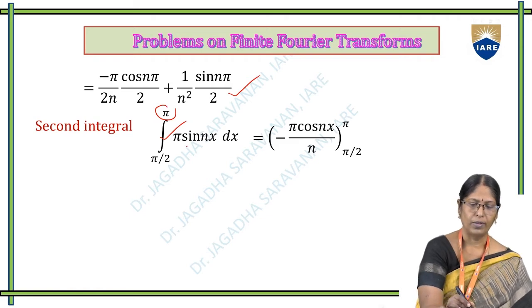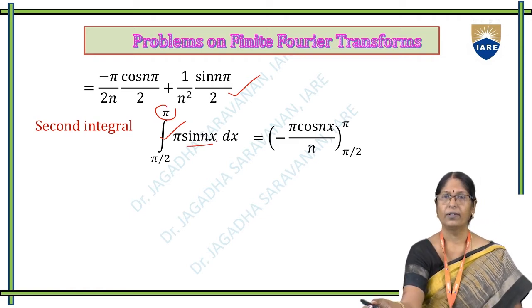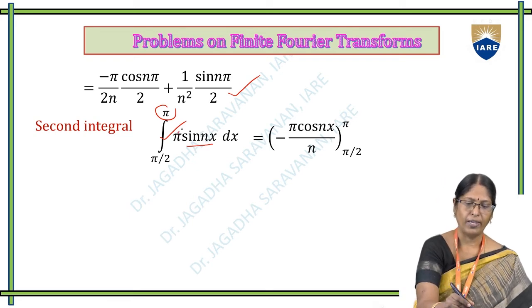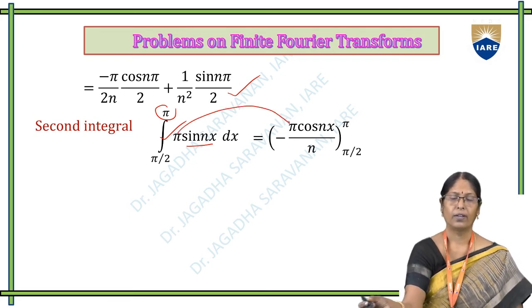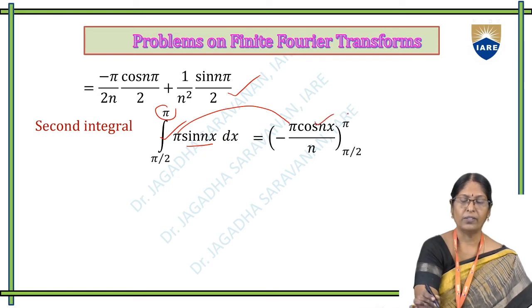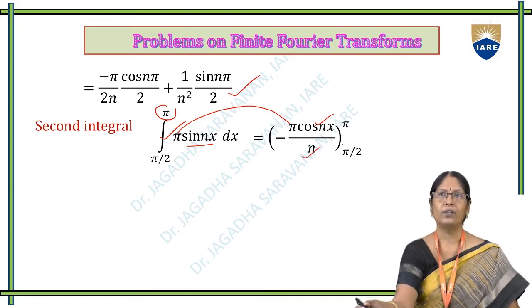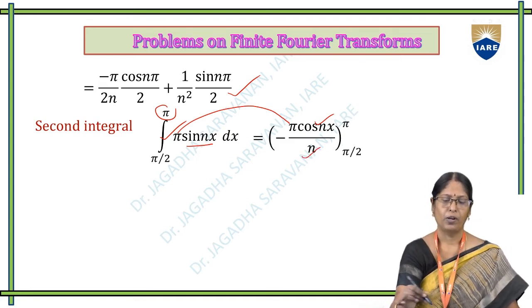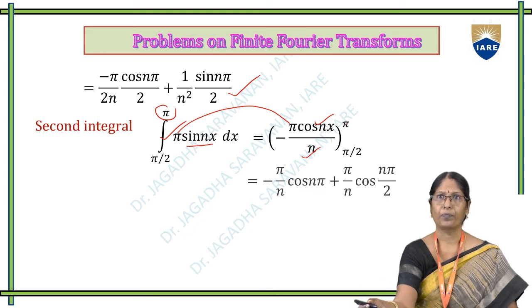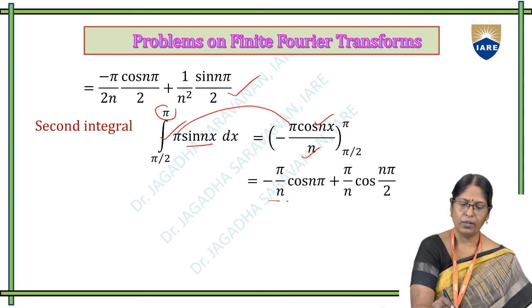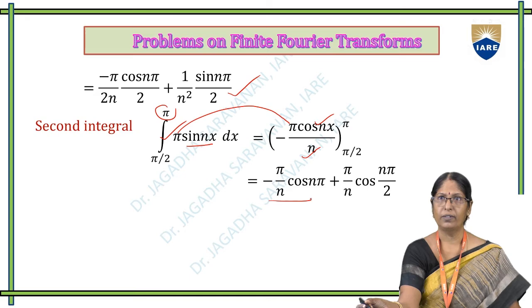So now the integration of sin nx: the pi is written as it is, sin nx becomes cos nx, and the coefficient of x is n, so it is divided by n, from pi by 2 to pi. Here that is the upper limit.